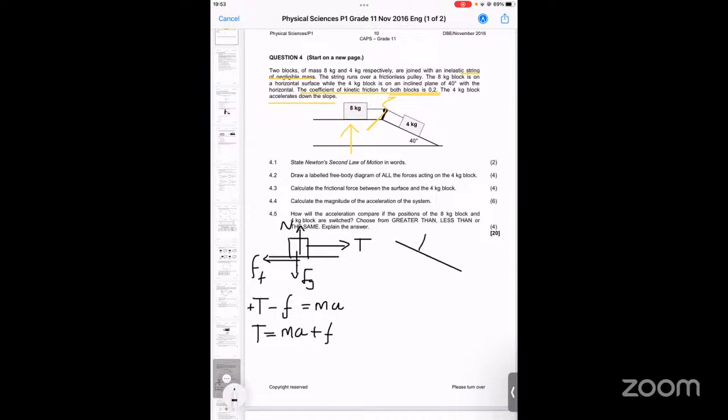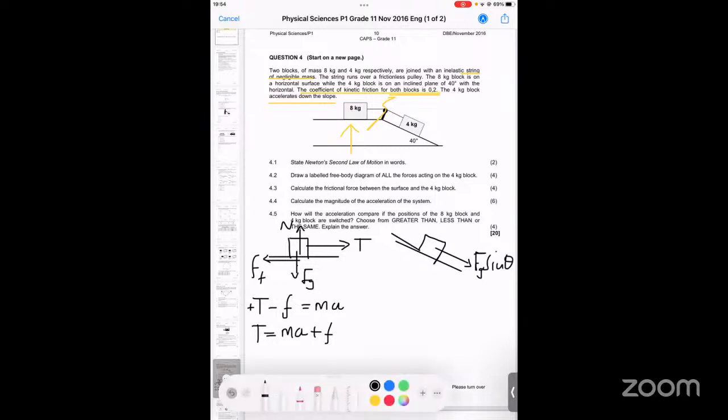Okay, and then on the 4 kg, we have that component of FG sine of an angle, and then we have the one opposing, which is the frictional force. Do you agree?